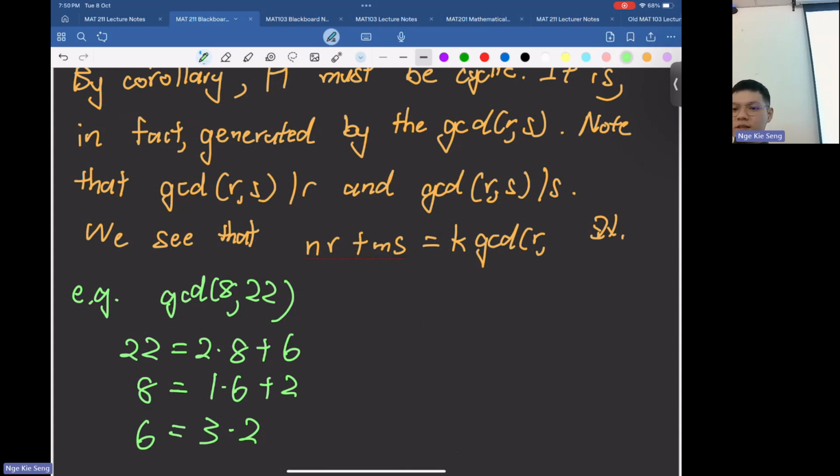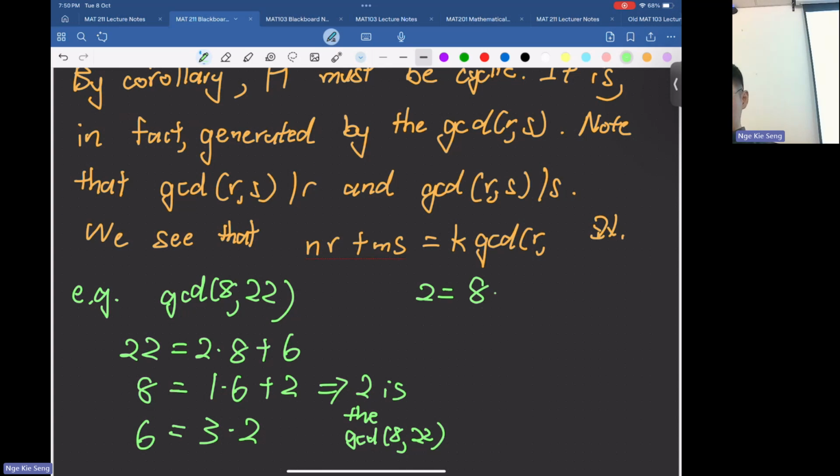So this implies 2 is the GCD of 8 and 22. But you haven't quite seen how to get this. You do the extended Euclidean algorithm, working backward, so that you can express 2 as a linear combination of 8 and 22.